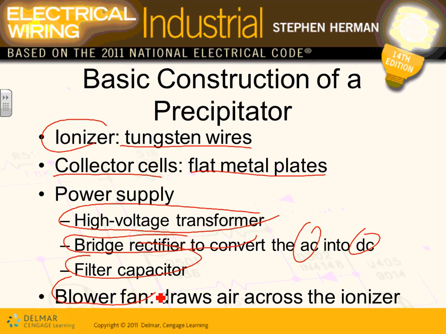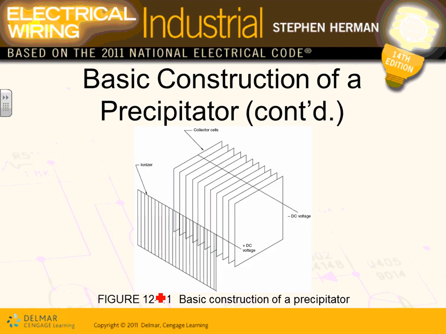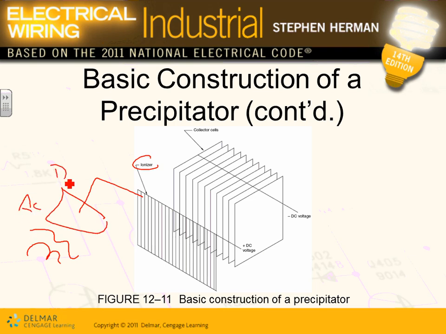Look at how it looks. Very simple. Here's my DC. Can you guys see? Here's my ionizer. They bring in a big transformer here, and then they have a bridge that takes it from AC to DC. Here's how you power it. All this is one big system. Now you're putting positive here.